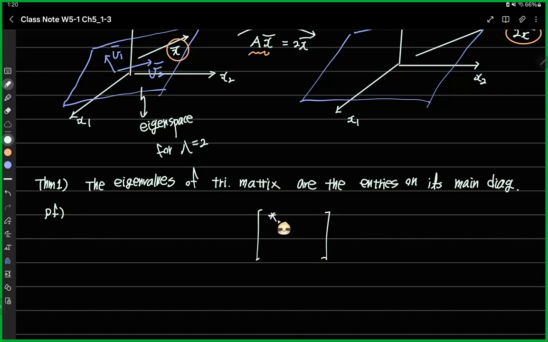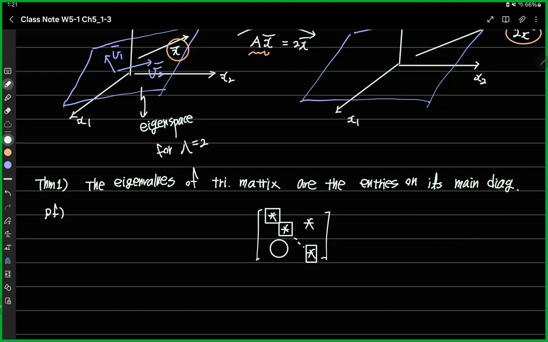Right here is non-zero and here is 0. The eigenvalues of that triangular matrix are what? These, the entries on the main diagonal. That's what the theorem says. How come?